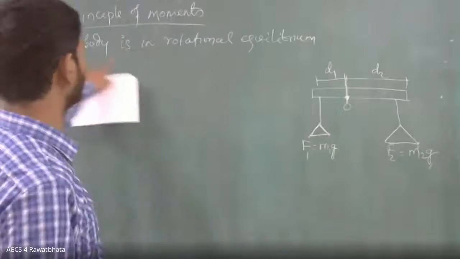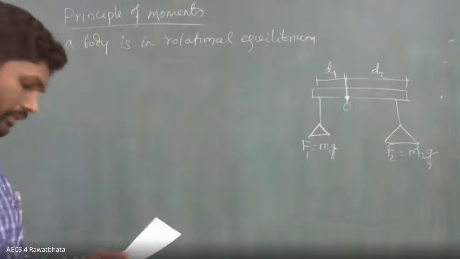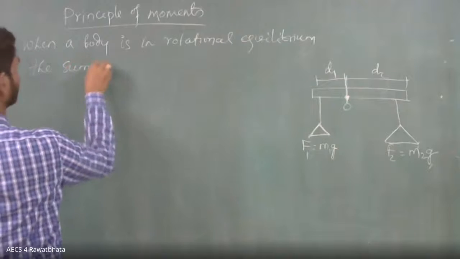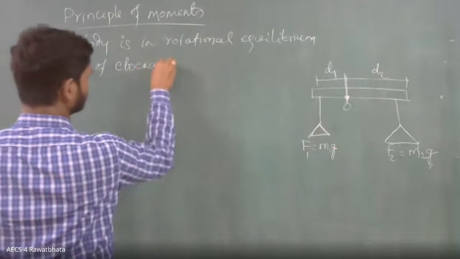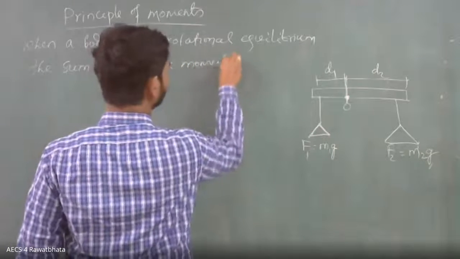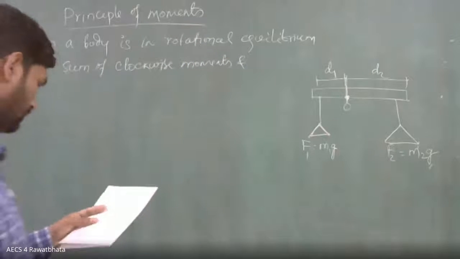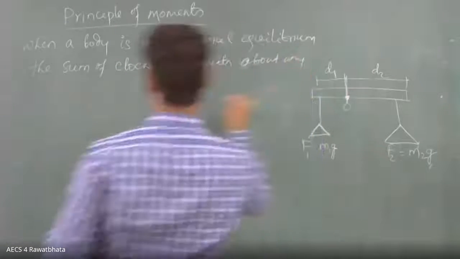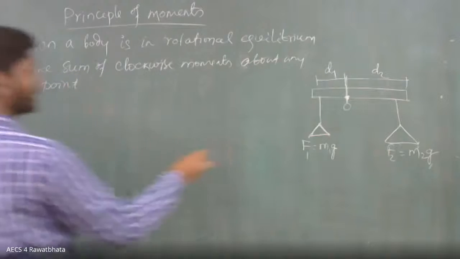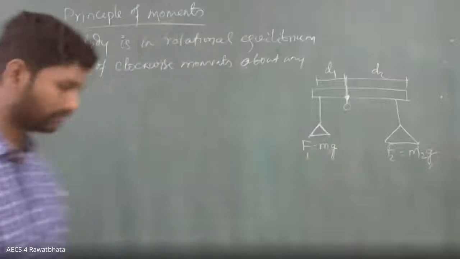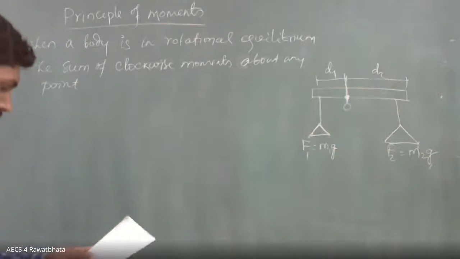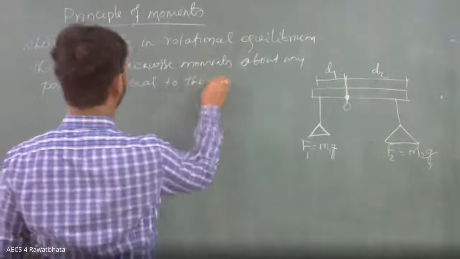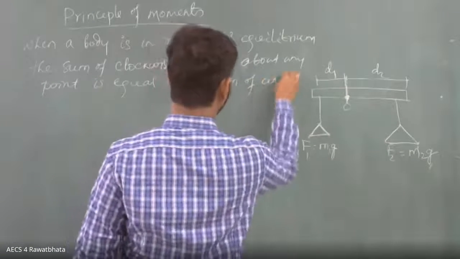In that case, the sum of clockwise moments about any point, this is the point O, about this point O, is equal to the sum of anti-clockwise moments.